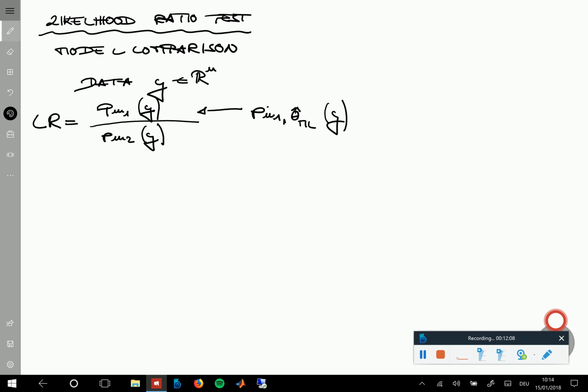So to now link this logic of model comparison to the GLM and actually apply this idea of a likelihood ratio, maybe I should not call it test at this point, but just likelihood ratio.